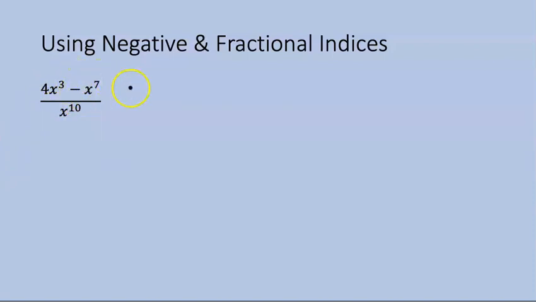Now I've got one more example to do. What do I do this time when I've got the fraction? As I said in the earlier videos when I talked about the index rules, you're going to apply exactly the same here again. Break it down into a fraction.